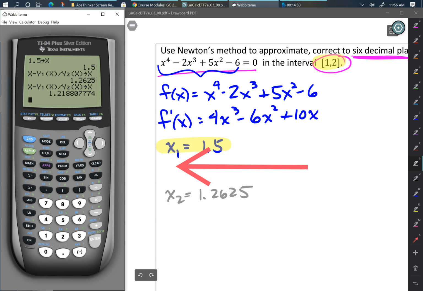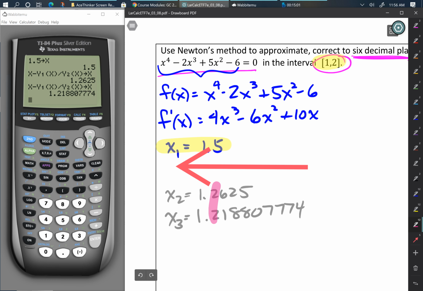So then my x sub 2 will be 1.2625. My x sub 3 will be 1.2188077774. So it looks like we've got 1 decimal place of accuracy at this point. My x sub 4 will be 1.217563128. So now we're looking at 2 decimal places of accuracy, more or less.